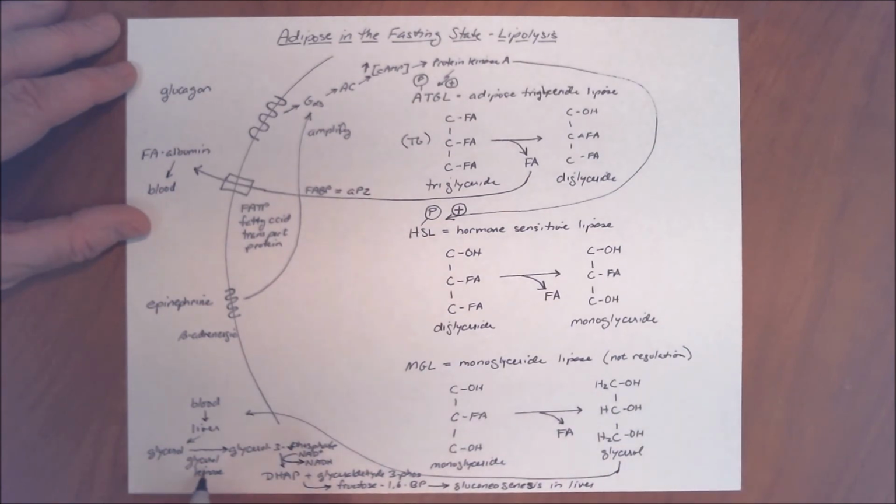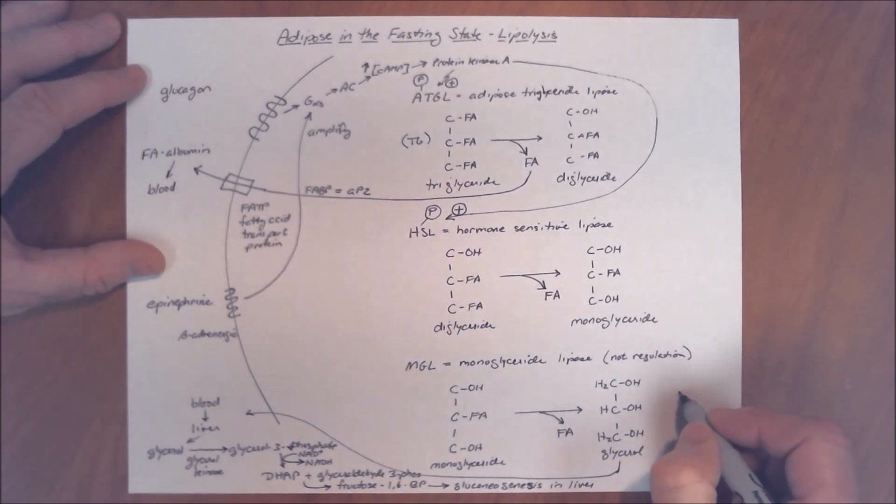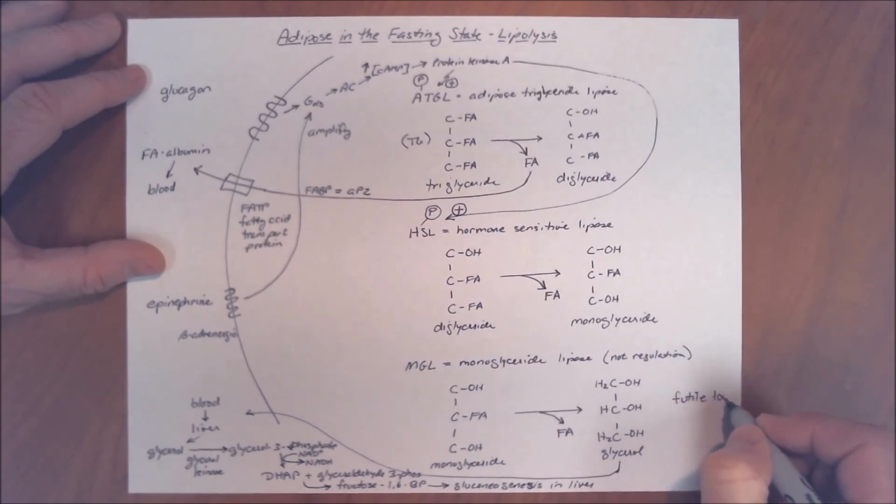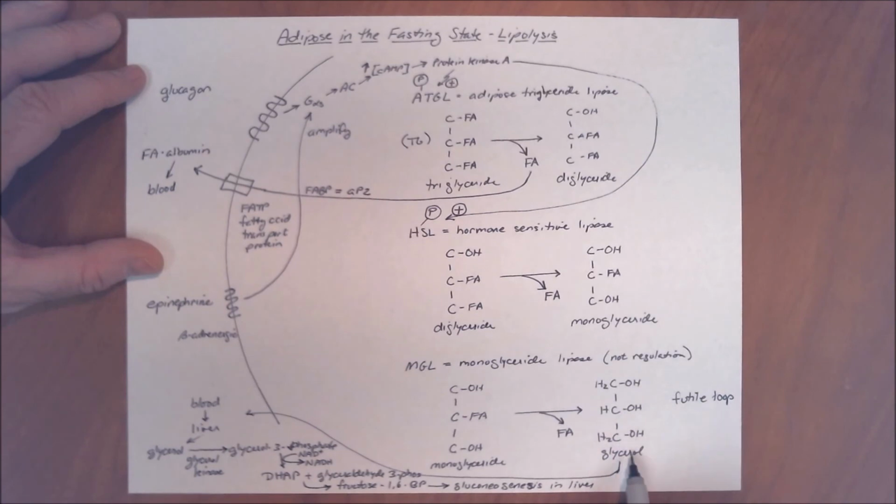Now the glycerol kinase is not expressed in adipocytes, and the reason for that is because if we were to generate glycerol 3-phosphate in the adipocyte, recall that this will be a substrate for the phosphatidic acid pathway and regenerating triglyceride.